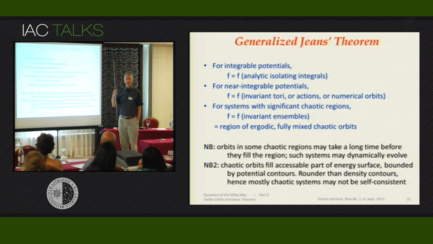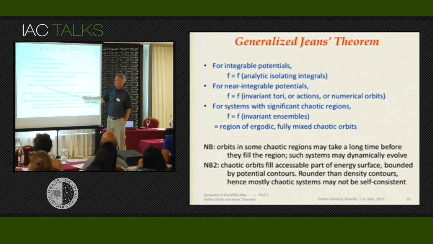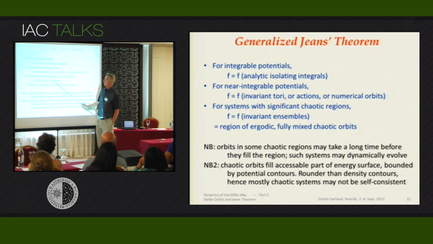Now, this works in all of the near-integrable potentials, but it doesn't work in systems which have significant chaotic regions. And then it's sometimes possible to even take that into account by this concept of invariant ensembles. So let's suppose we're in one of these strongly chaotic systems like the barred galaxy, and we're looking at the co-rotation region, and let's suppose this is a strongly chaotic region in which the orbit actually fills the chaotic phase space quickly.